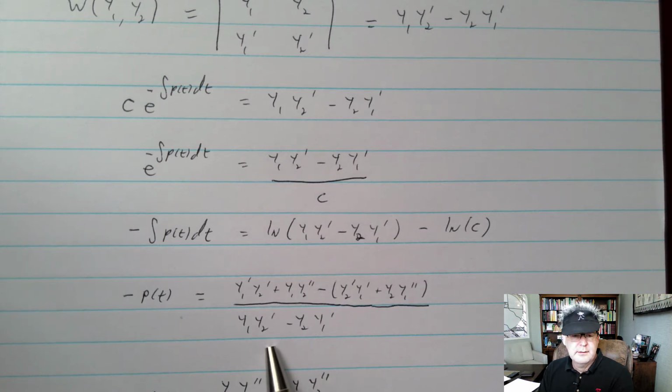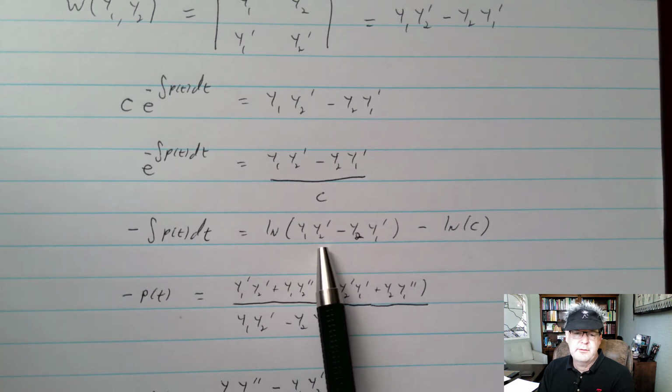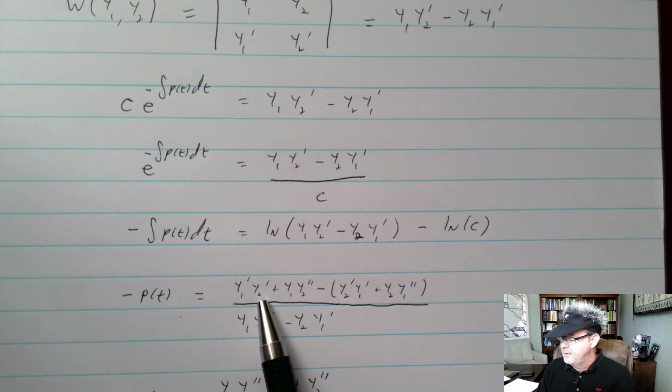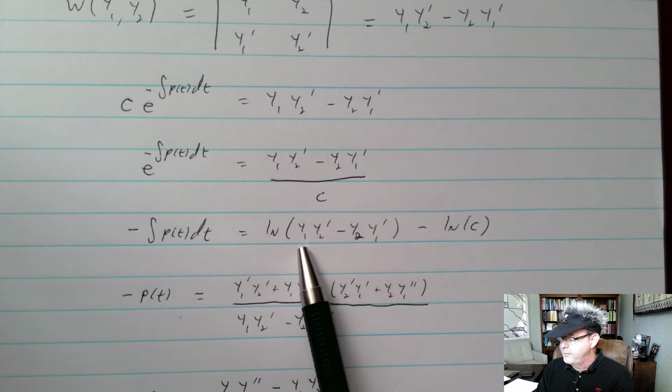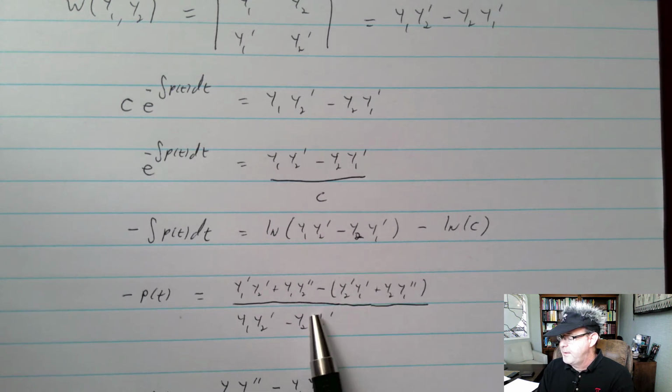So now I need the product rule. The derivative of this argument, if I use the product rule, will be the derivative of the first times the second, y1 prime, y2 prime, plus the first times the derivative of the second, so it'll be y1, y2 double prime. Then minus, if I differentiate this, I'll keep that minus factored out.